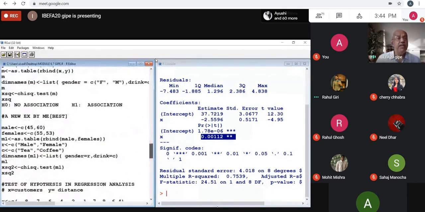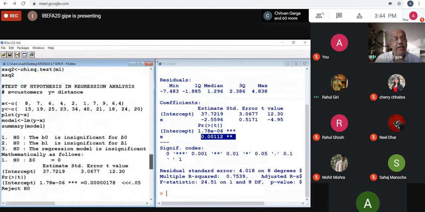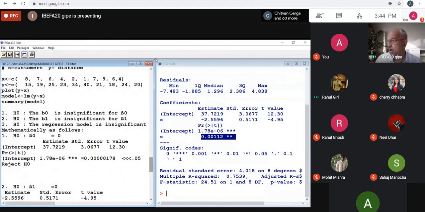Because regression is based on an equation, and the equation is based on some parameters, beta naught, beta 1, epsilon, etc. We did correlation and regression, but that is for the variables.